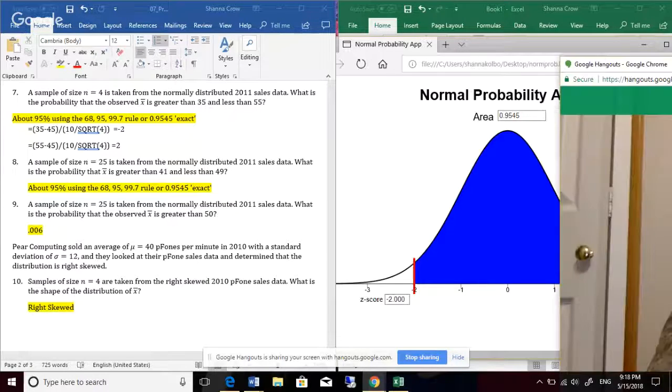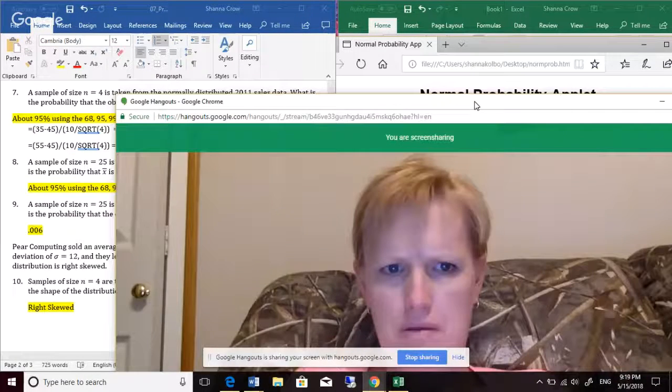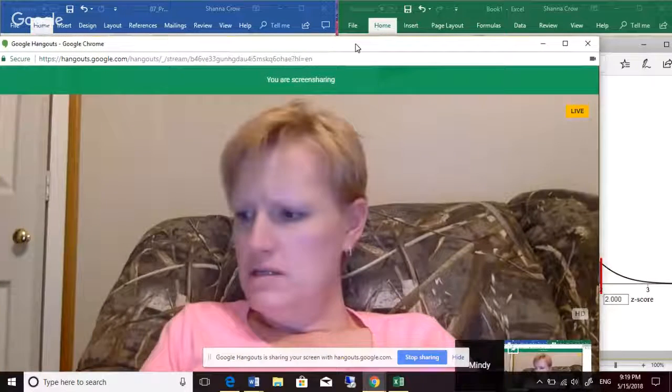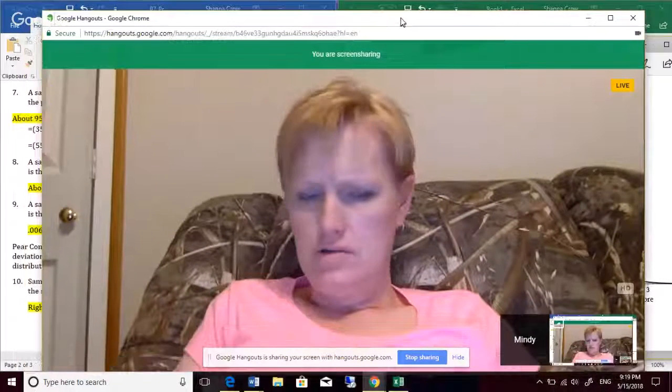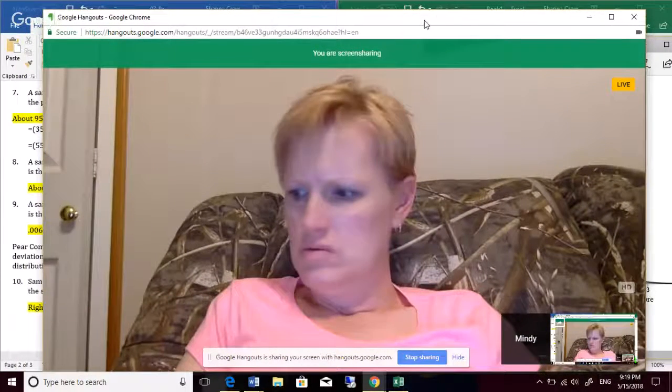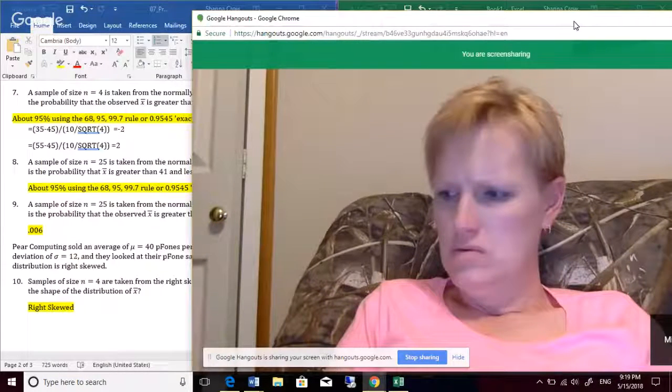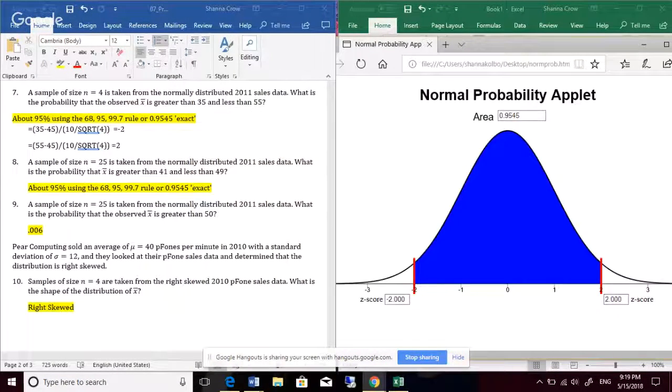What did you get for your z-score? For my z-score, I got 2. Yep, that's right. So then our answer is 0.0455. So now because it's asking for probability, you have to take those 2 z-scores and plug them into the probability app. Right, that's what I've done.